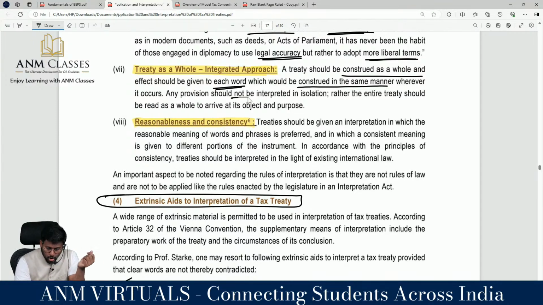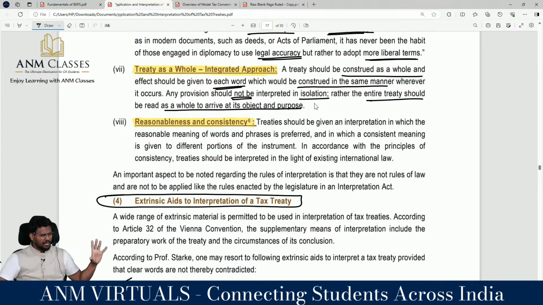Any provision should not be interpreted in isolation. தனியா பண்ணக்கூடாது. சார் மொபைல் தான் எல்லா இடத்துலையுமே ட்ரிங் ட்ரிங் ஃபோன், ஒரே ஒரு இடத்துல மட்டும் மொபைல் ஃபோன்னு சொல்லக்கூடாது. 10 வாட்டி சொல்லியிருந்தான்னா 10ஐயும் ஒரே மாதிரி சொல்லு. Rather the entire treaty should be read as a whole to arrive at its object and purpose.